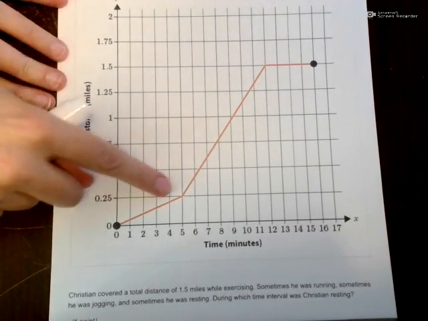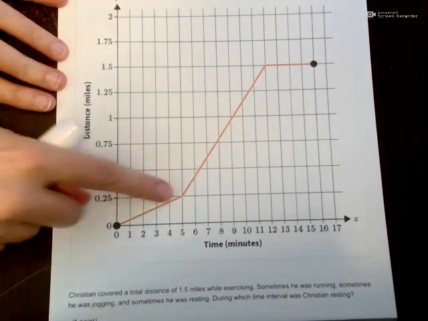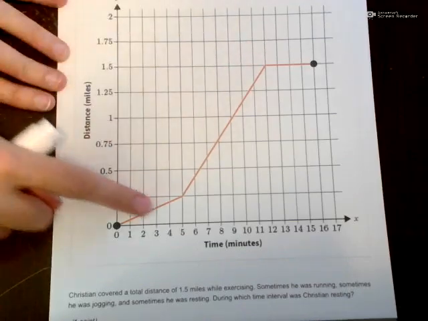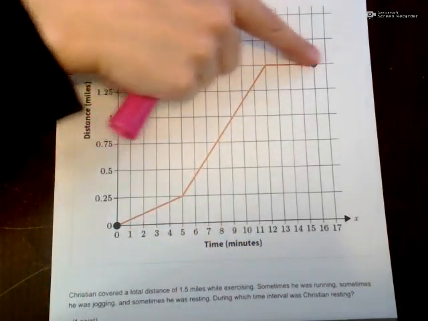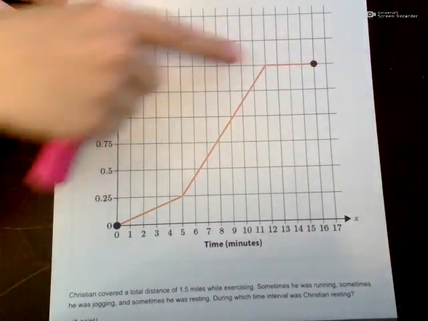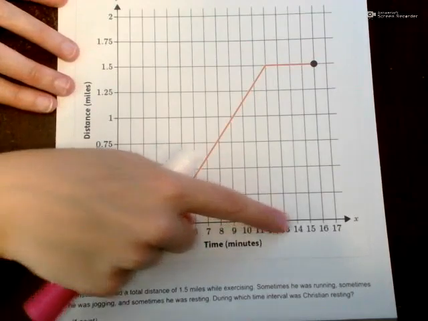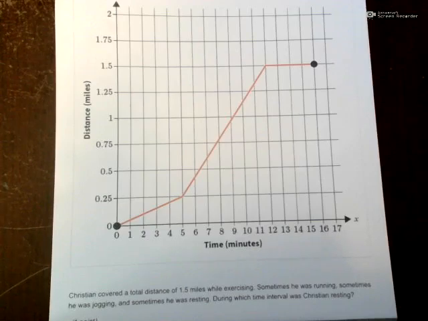He covered some distance while in 5 minutes. Then he was running because he covered more distance in, it looks, about 7 minutes. And here he was resting because he didn't cover any distance in this time period. So the time period is from 12 to 16. That's the time period when he was resting.